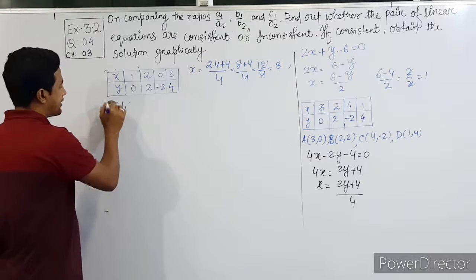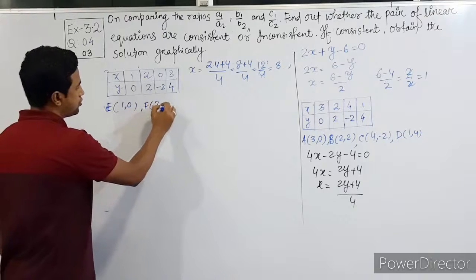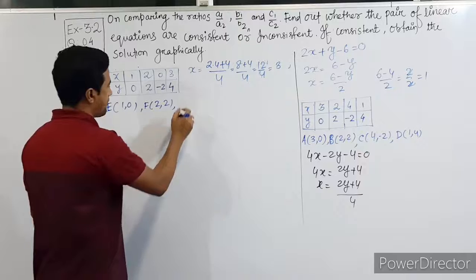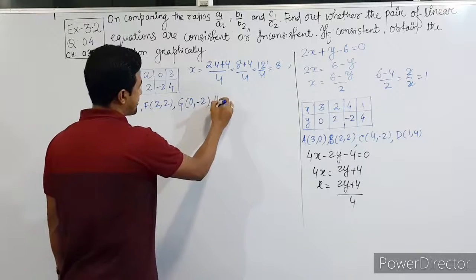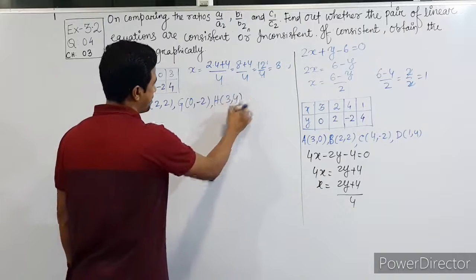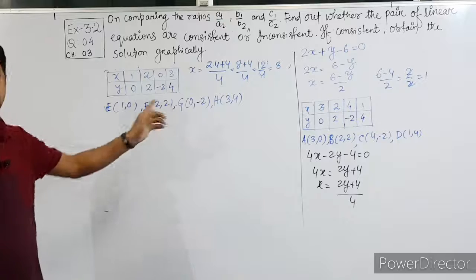Not C, let's take E (1, 0), F (2, 2), then G (0, minus 2), and H (3, 4). So these are the coordinates of your two equations.